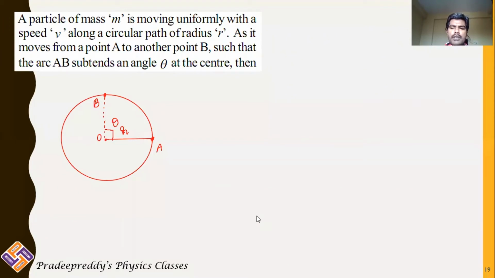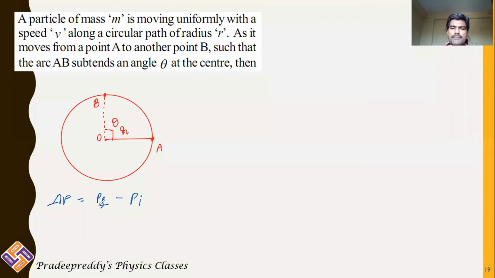In order to find the change in the momentum of this particle, we know the change in momentum delta P is equal to final momentum minus initial momentum.